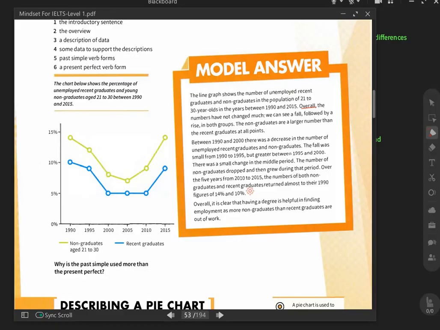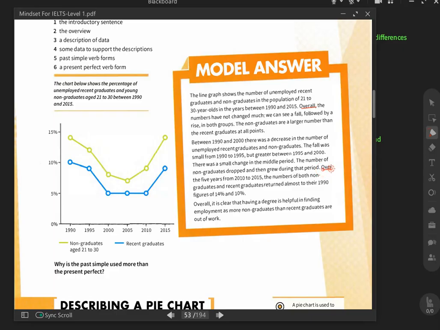Between 1990 and 2000, there was a decrease in the number of unemployed recent graduates and non-graduates. Okay. And some data to support description.